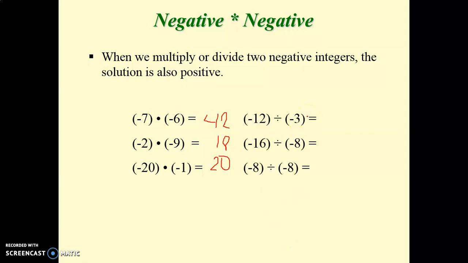In division, we have here negative 12 divided by negative 3, that is equal to positive 4. Negative 16 divided by negative 8, that is positive 2. And negative 8 divided by negative 8, that is equal to positive 1. So again, if we are going to multiply and divide a negative by a negative number, the outcome is always positive.